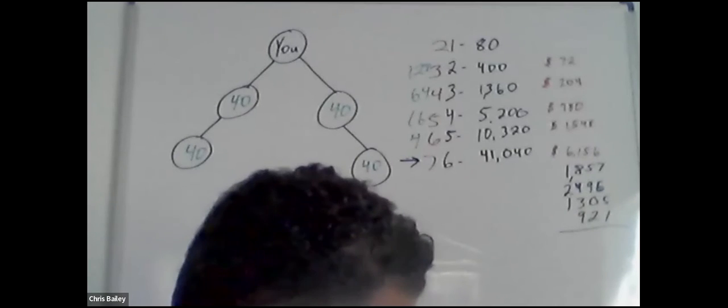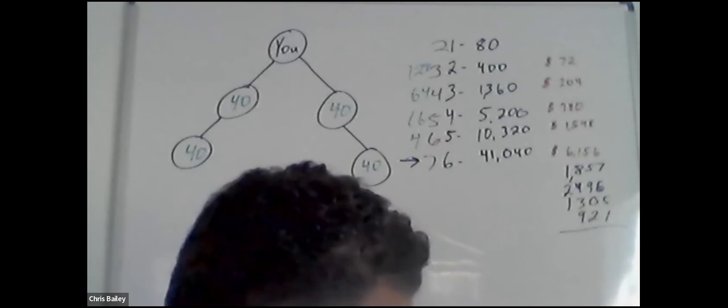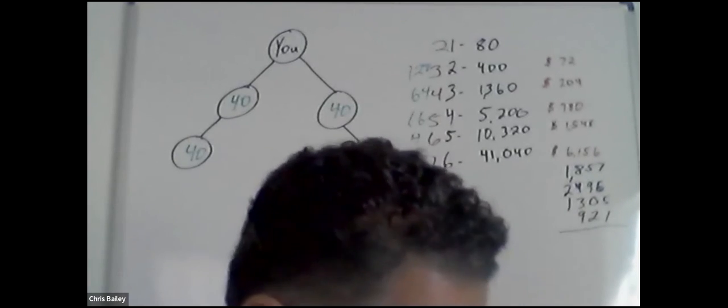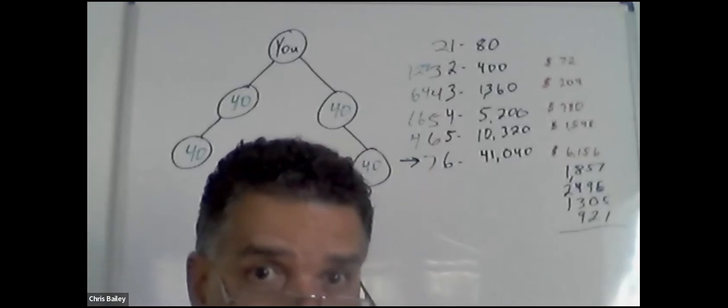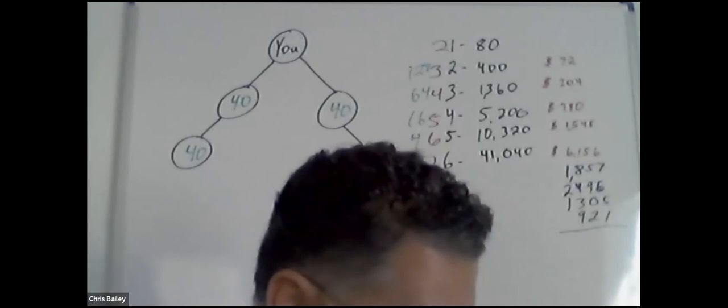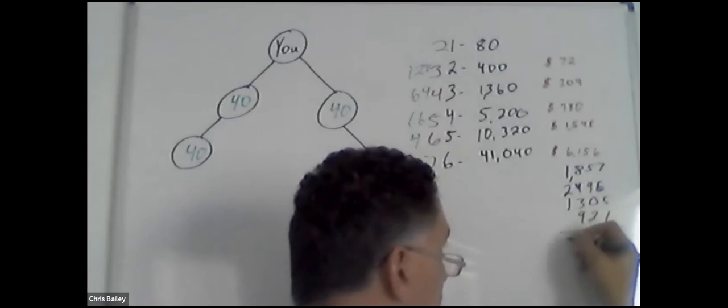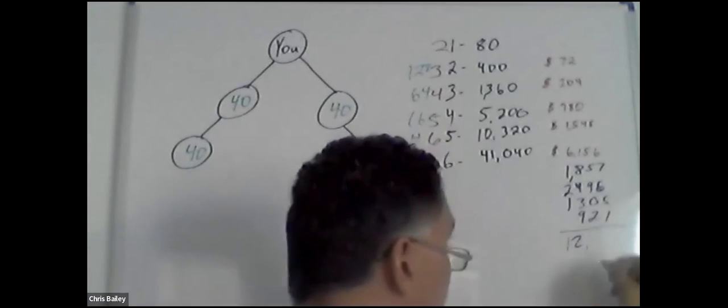I hope my math is right, but if not, you get the picture. So your check on the first Thursday of the month would have been $12,735.